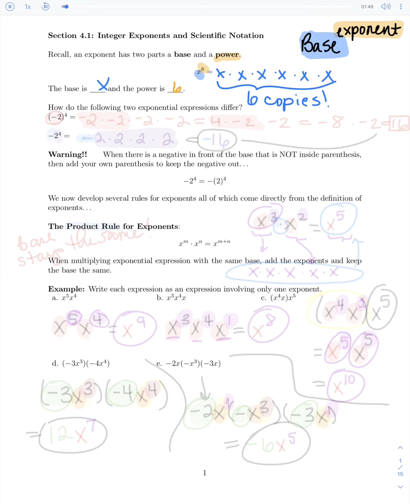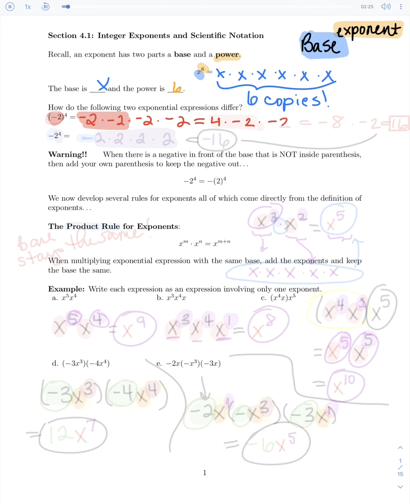So we have to be very careful with exponents because how they write things out can make a completely different answer. For example, on this next one, we have a -2 inside of parentheses raised to the 4th power. That means the -2 is going to get multiplied by itself 4 times. You'd start out with -2 times -2, which is 4.